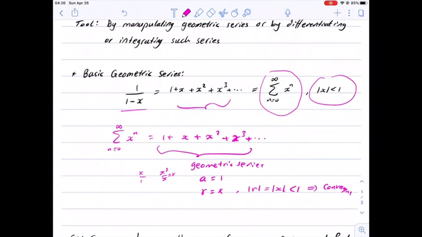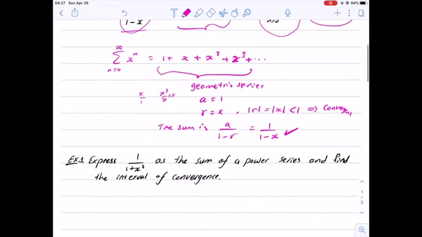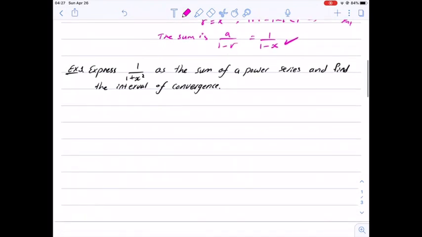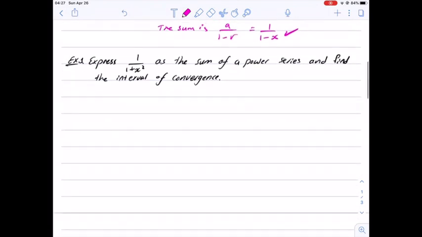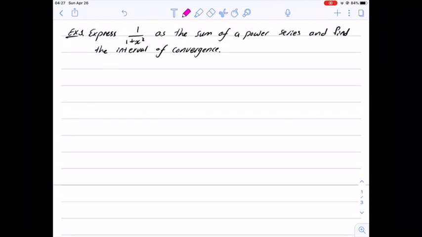Now, since it's convergent, we can find the sum. The sum is a over 1 minus r, but a is 1 and r is x, so we obtain the function 1 over 1 minus x. So this result will be used extensively here in this section to find representations of some functions as power series. So let's start with the first problem.